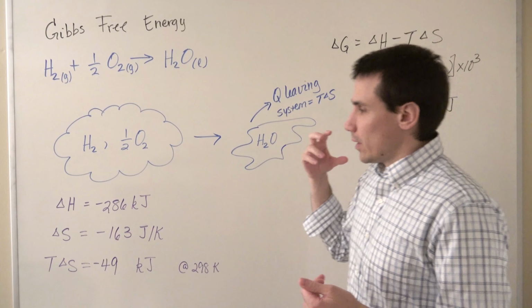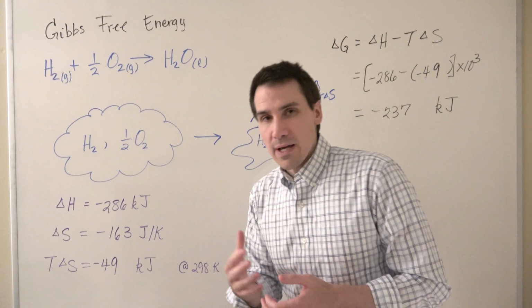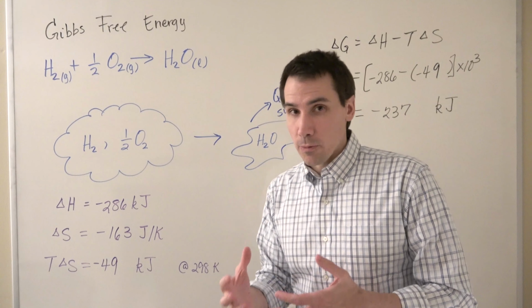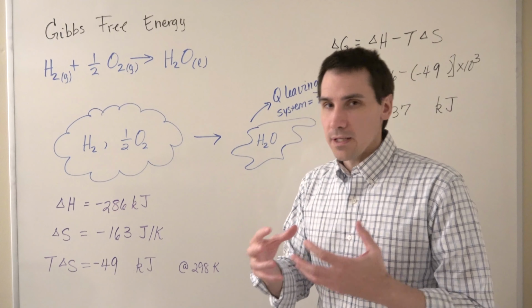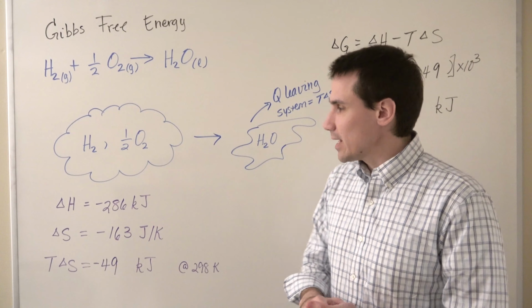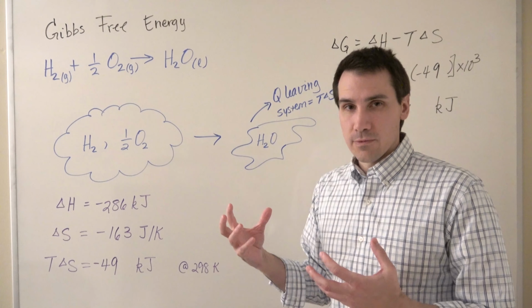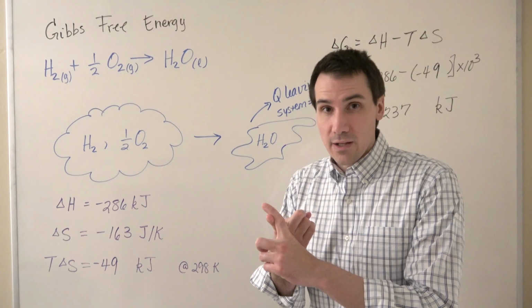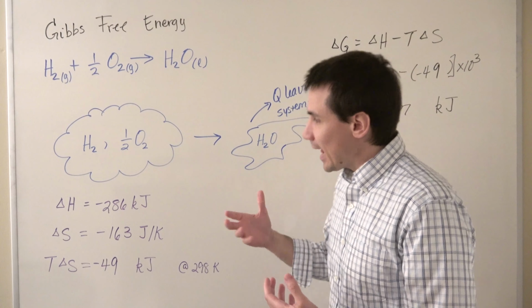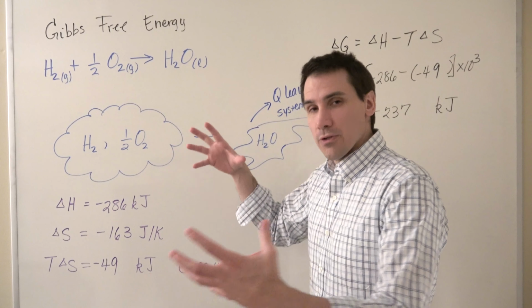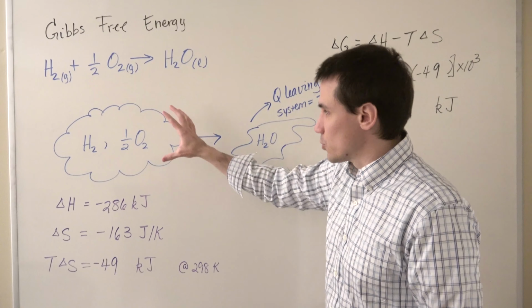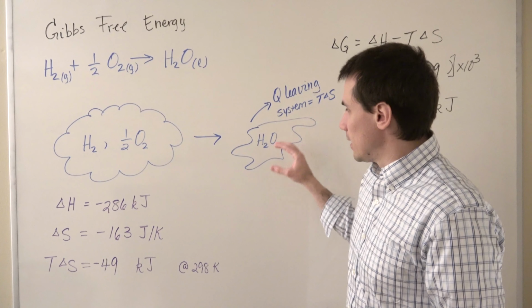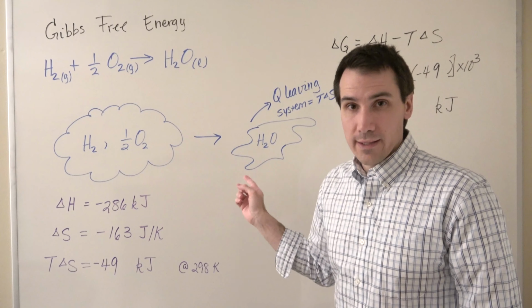Now, if you think back to our discussion of enthalpy, the enthalpy of a reaction is the amount of energy that comes from the reactants themselves bonding, the bonds between the atoms forming, which releases energy, and the atmosphere collapsing as the system shrinks from a gas form to a liquid form.